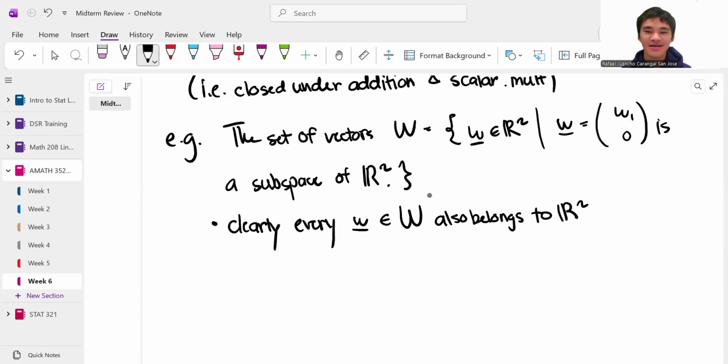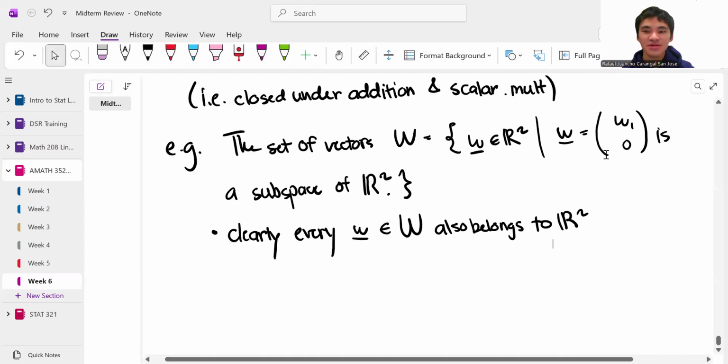So if we're given some vector w in two dimensions, but we say that its second component is 0, then it's actually just all of the w's with the second component being 0 that are part of the subspace W. But this is also part of R2, right?